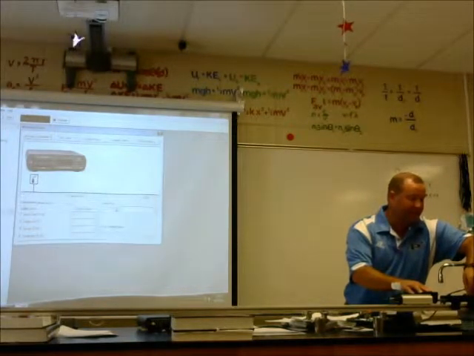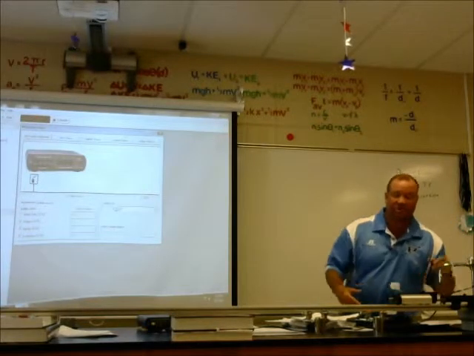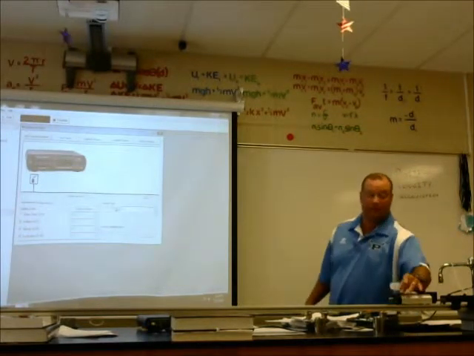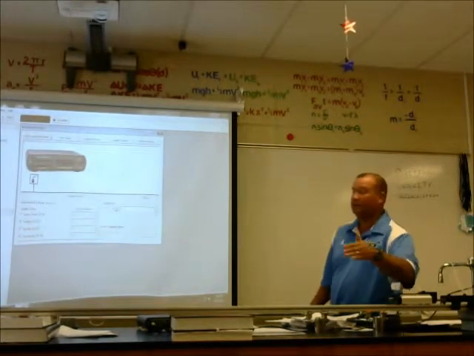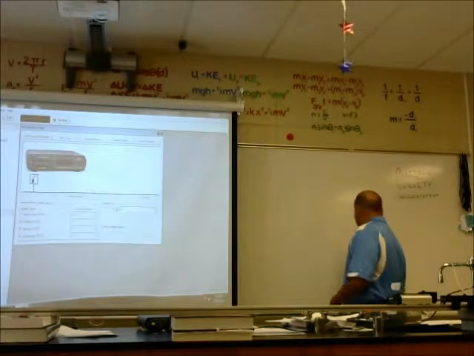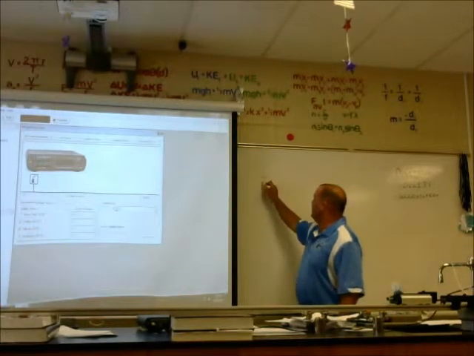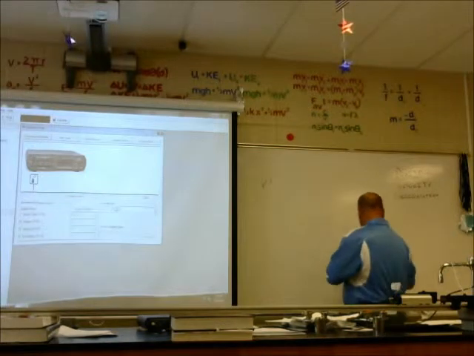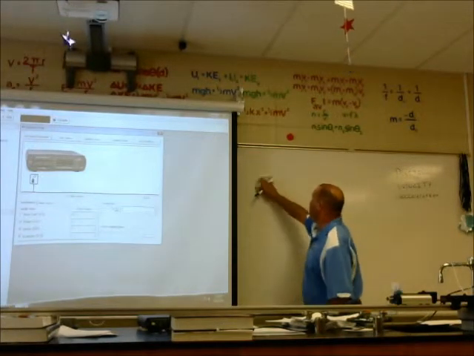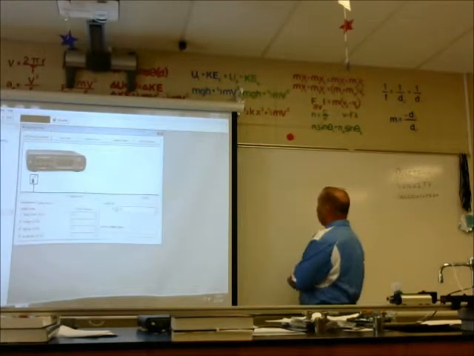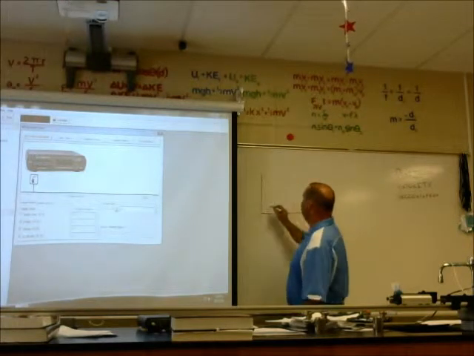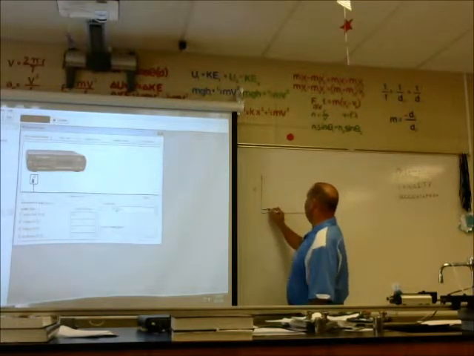Initially, we're going to have an object that's going to be launched across this track, and I'm going to look at the position time graph. I want you to think about and predict what that position time graph will look like.